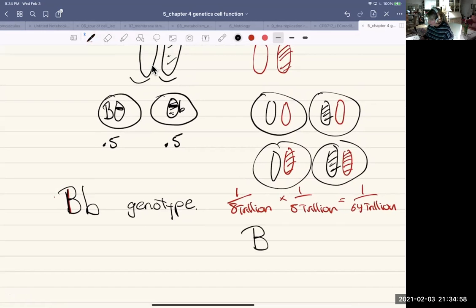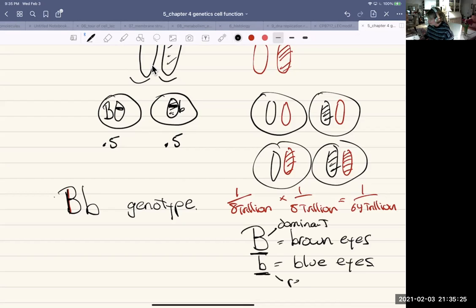So we know that big B, in the case of eye color, is brown eyes, and little b is blue eyes. A dominant trait will always be expressed if it's present. Dominant, recessive. You must have 2 recessive alleles to express that trait.